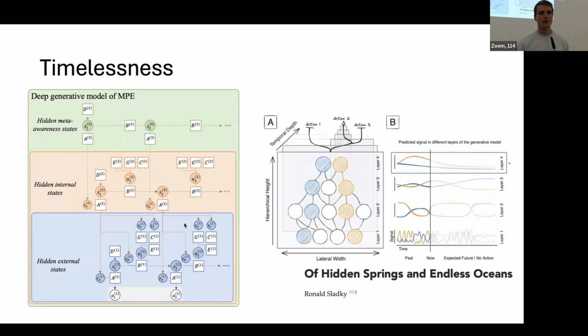Well, I can point again to this figure by Ronald, which is that when you get up to these higher abstract levels, there is just less change. It's a variance of a variance of a variance. And so if you are attenuating all the other levels and just performing inference at this higher level, the amount that your beliefs are changing moment by moment is very, very, very small. And if we adopt this view that belief updating is the phenomenology, or can be modeled as the information length, then it follows from the account so far that MPE during an absorption would be timeless, or at least lacking duration.